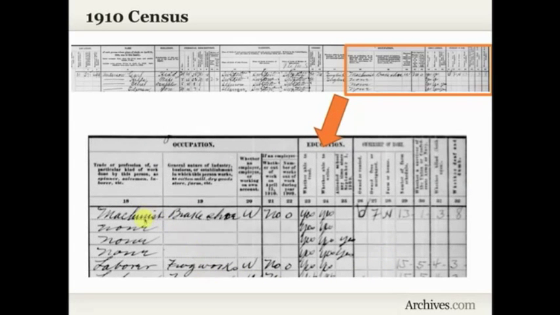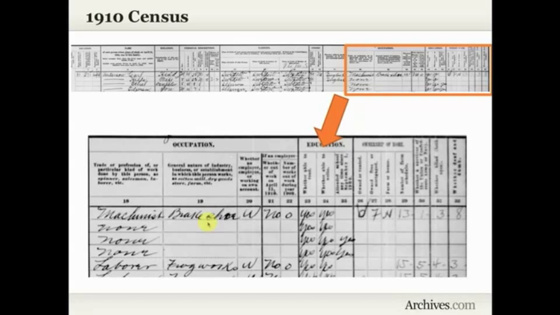So we have occupation. And for the first time, we're seeing not only their occupation, but a specific industry that they are involved with. So in 1900, this person was probably listed just as a machinist. But now we see that he's a machinist working in a brake shoe.